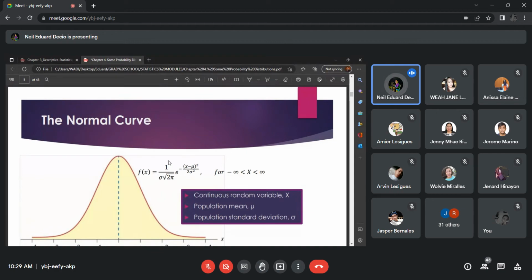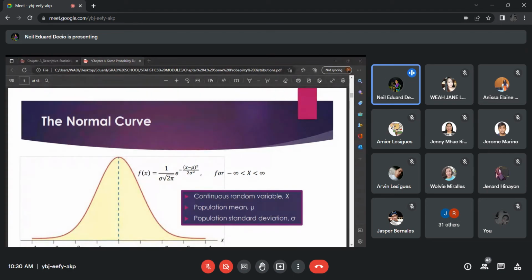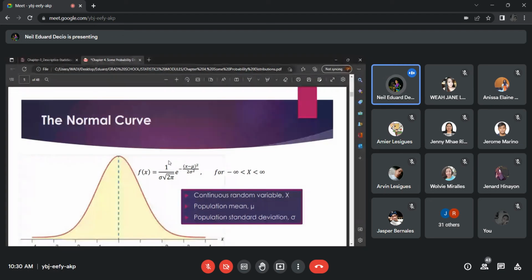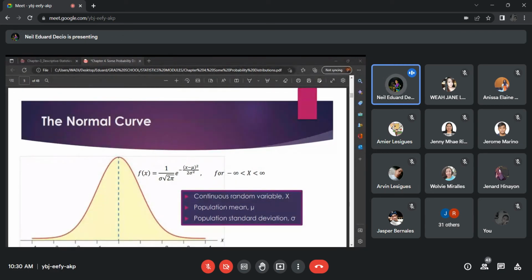That is the sigma times square root of 2 pi, times e raised to negative x minus mu squared over 2 times sigma squared, for x greater than negative infinity but less than positive infinity. So, this is the formula to get the actual value under the normal curve. But then, we're not gonna use this. This is just to introduce to you that may formula talaga in getting the actual measurement under the normal curve.